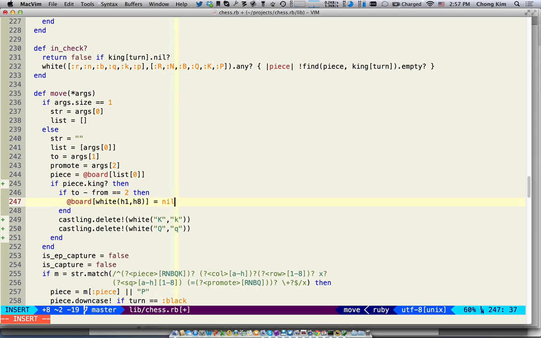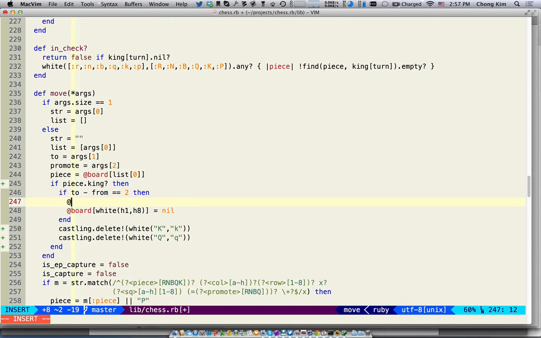Actually, that is going to be nil, but before we do that, the target square is going to be f1 is equal to whatever's on, okay, so that moves the rook.